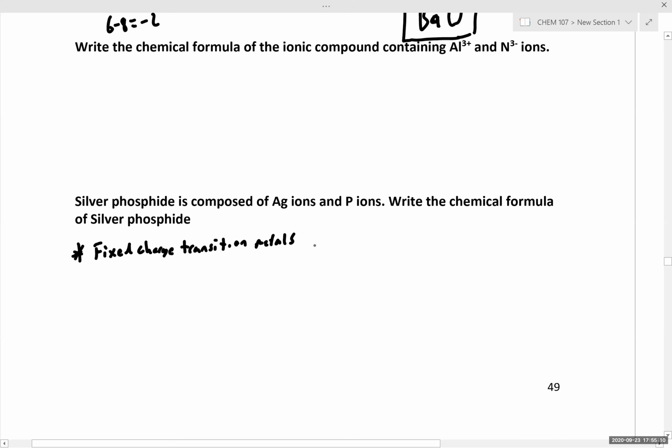We discussed this earlier on in the notes, and I just want you to remember that silver prefers to form silver plus. So let's work on these two examples. Let's try to write the proposed formulas for each of these two compounds, and then we'll discuss these examples in about 3 to 4 minutes.